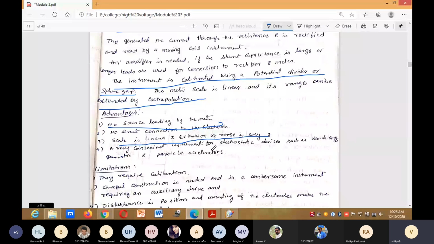It is a very convenient instrument for electrostatic devices such as Van de Graaff generators and particle accelerators.